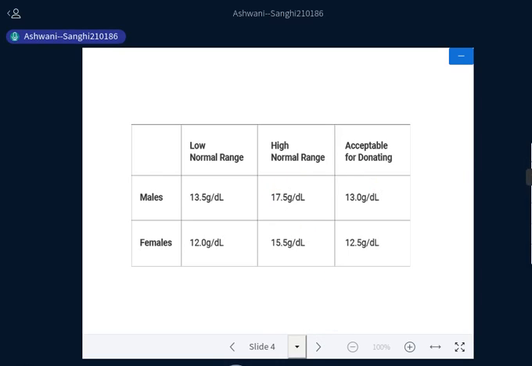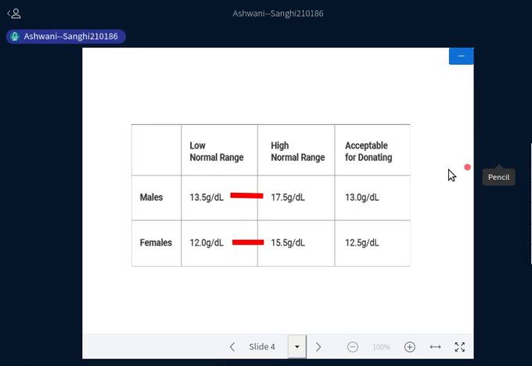The normal range of hemoglobin in males is 13.5 gram per deciliter to 17.5 gram per deciliter, and in females 12 gram per deciliter to 15.5 gram per deciliter.